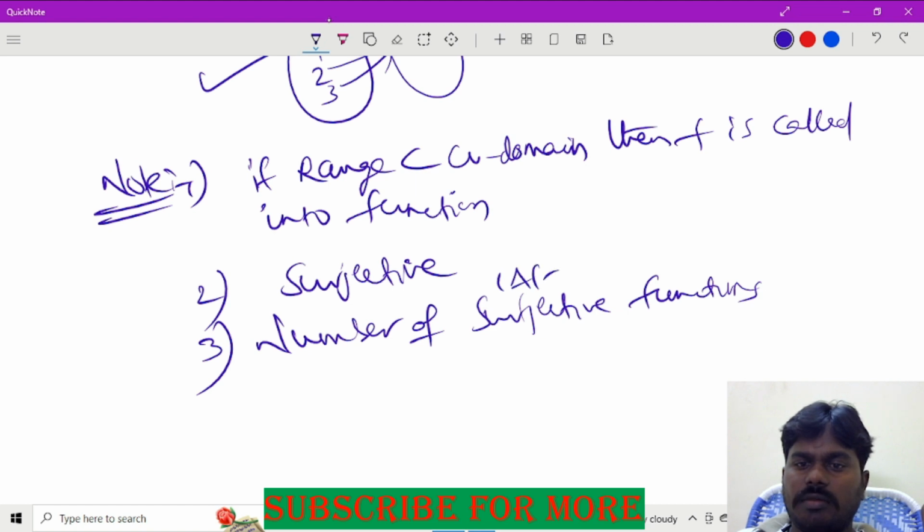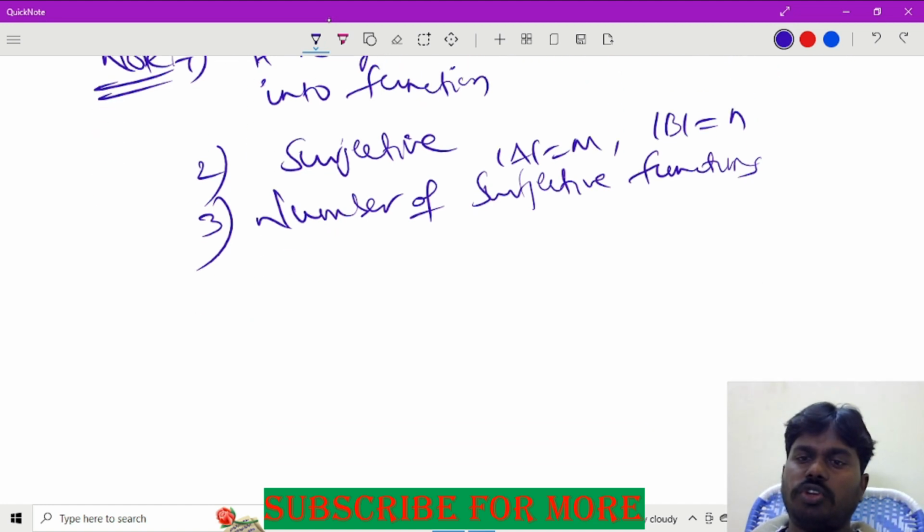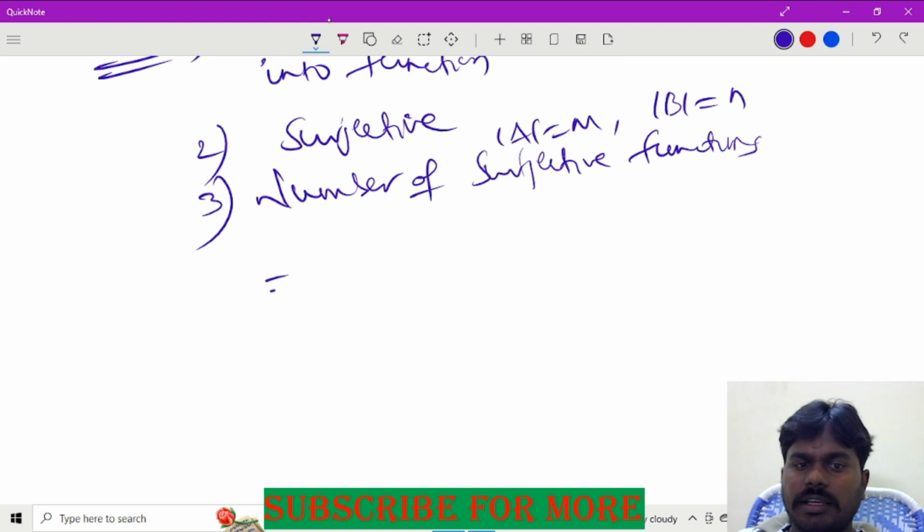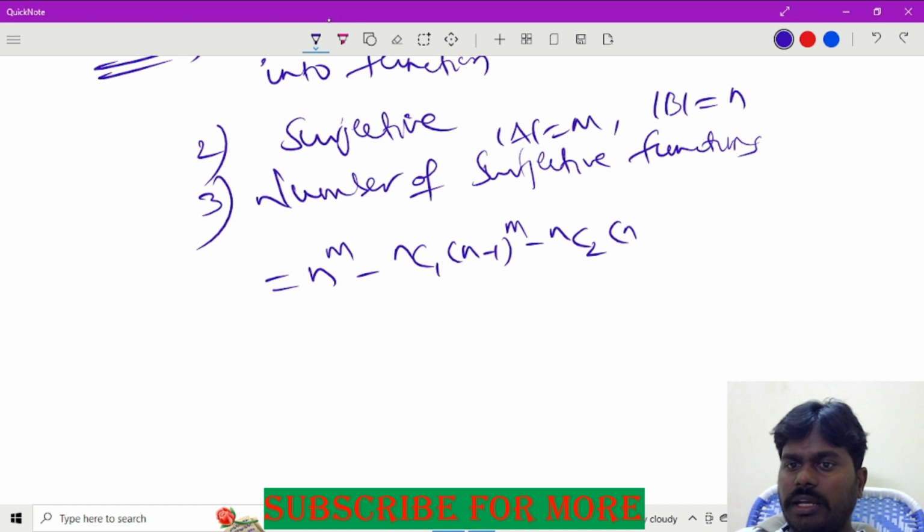Here just take the number of elements in A is m and the number of elements in B is n. Now the number of surjective functions from A to B is equal to n^m minus nC1 into (n-1)^m minus nC2 into (n-2)^m, and so on, up to (n-1)^m.